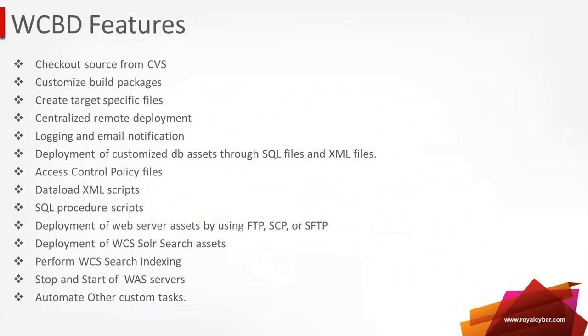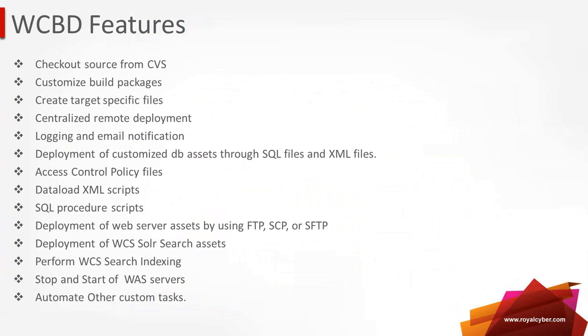You may have files in different folder locations, but in your build environment, you have some different formats, so you can do all the customization in the WCBD build scripts, as well as if you have a web server where you only want static content to be moved, you can customize your scripts to only create a separate folder where all the static content is residing. Plus, there can be property files which are target specific.